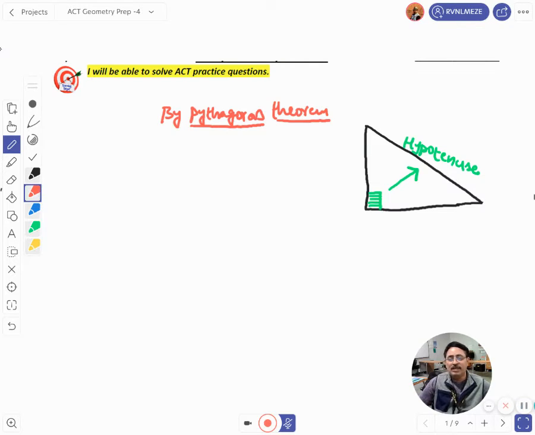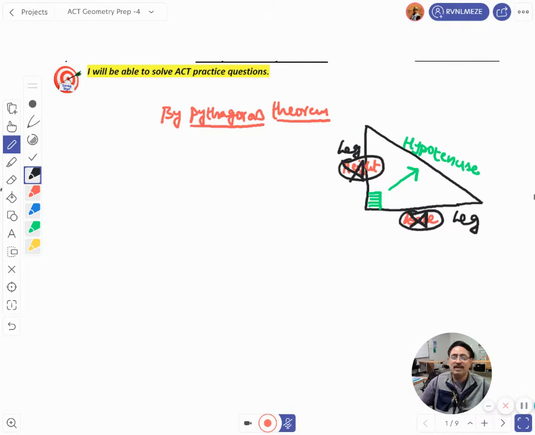Then the other two sides you may call this one as base and this one as height. Or else, if you want, you may use this one as one leg and this one as the other leg. It's up to you.